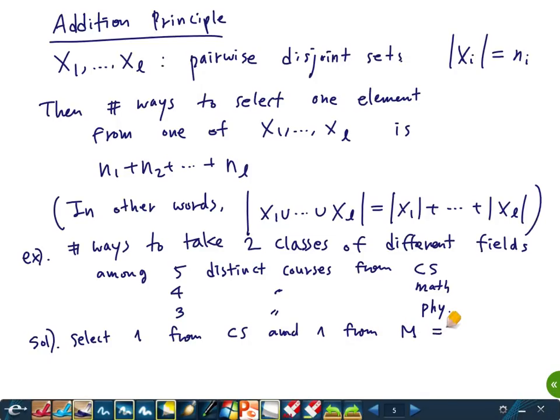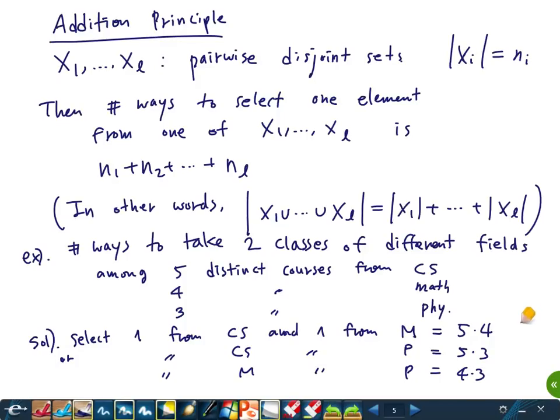How can we do this? One step is to select one course from CS, so that's 5, and one course from math, that's 4. And we multiply them because we do this at the same time. Or select one from CS and one from physics, it's going to be 5 times 3, or select one from math and one from physics, 4 times 3.